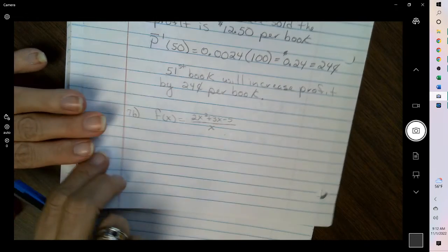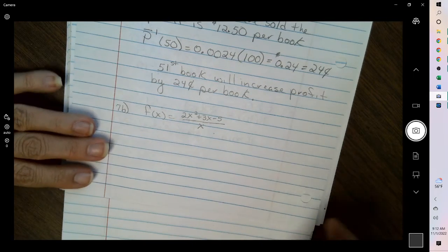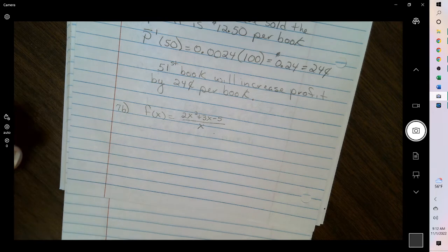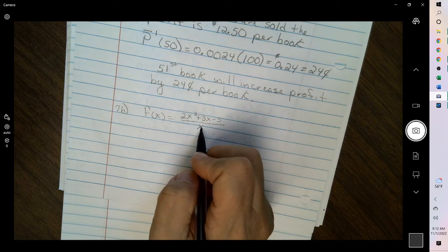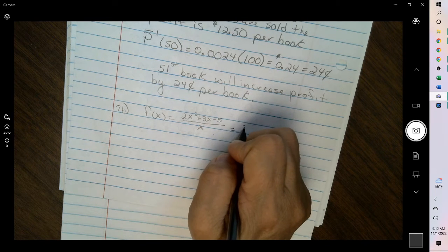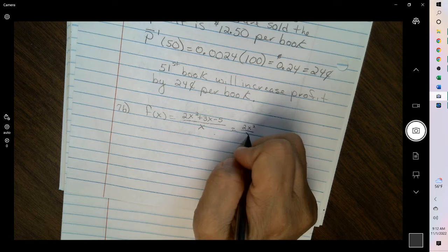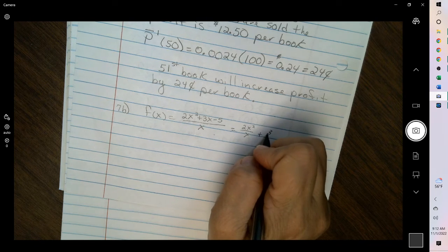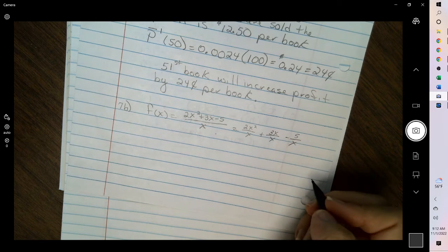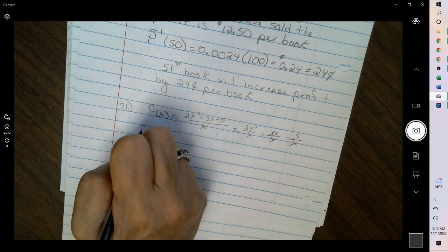But part B says to divide first and then take the derivative and get your answers to match. When you're dividing first, you're taking x and dividing it into each term. So it would be 2x squared over x plus 3x over x minus 5 over x. And then simplify.